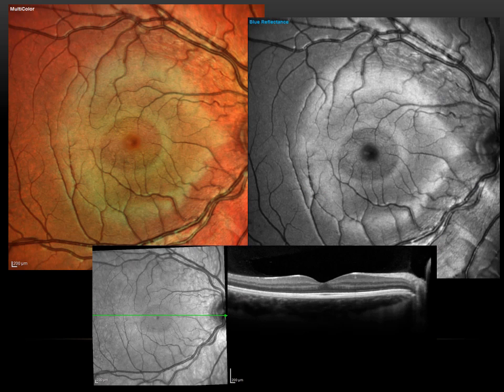This is what a normal macula looks like in an individual that is young with bright reflections from the internal limiting membrane, including the ability to visualize the vascularization that is normal in the perifoveal area.